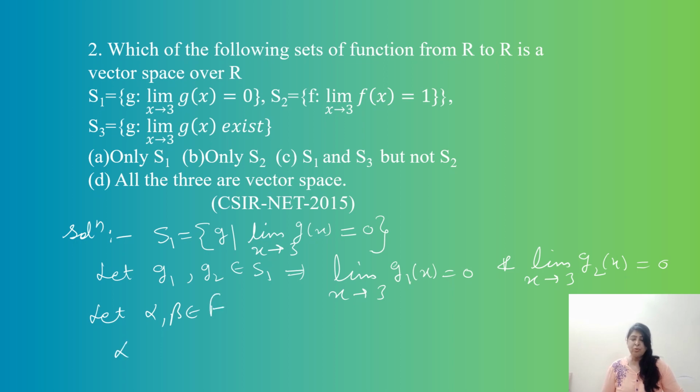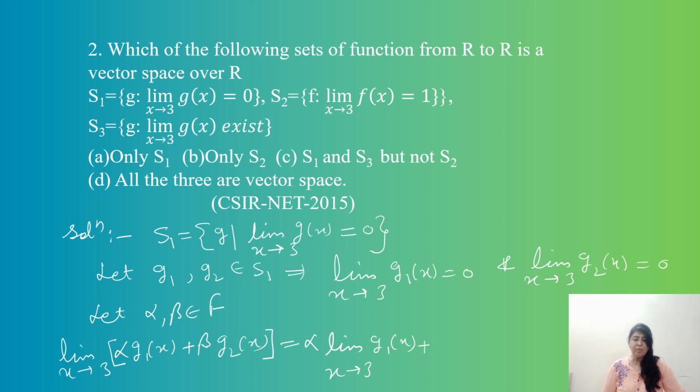So the limit as x approaches 3 of alpha into g1(x) plus beta into g2(x) is equal to alpha times the limit as x approaches 3 of g1(x) plus beta times the limit as x approaches 3 of g2(x), which is equal to 0.